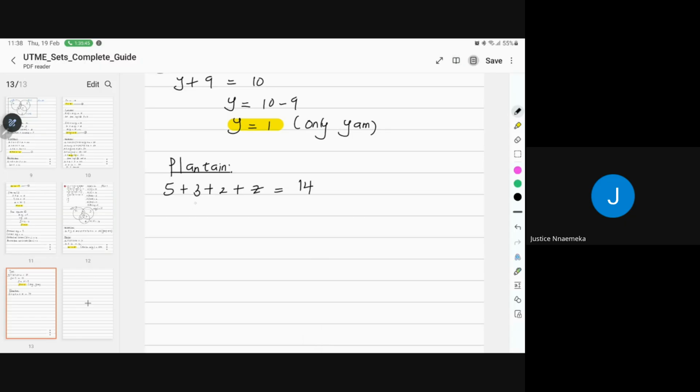So 5 plus 3 is 8, this will give us 10 here. 10 plus Z equals 14, so that Z is equal to 14 minus 10. Good, well done. So Z is equal to 4. And remember that this 4 is only plantain.